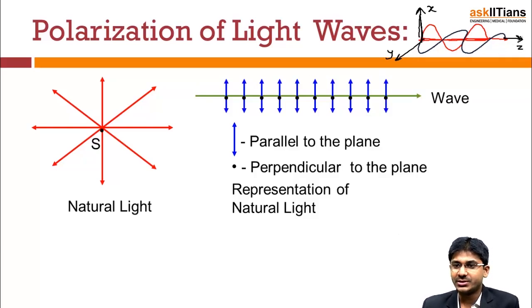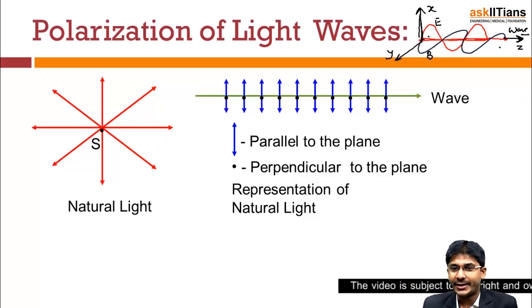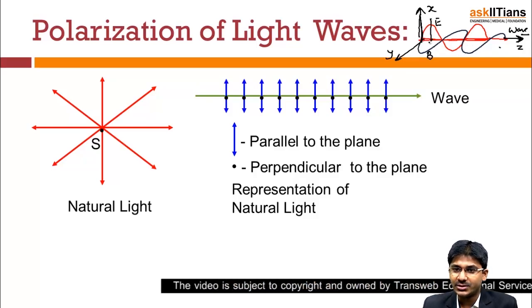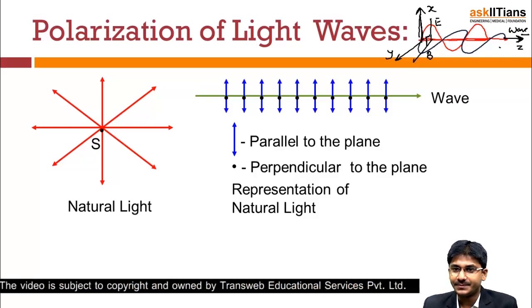So this is the direction of the movement of the wave. The red one is the electric field, and this blue one that I have drawn is the magnetic field. This is magnetic field B, this is electric field E. So actually this is the light wave. It is made up of an electric field and a magnetic field, and the angle between them is 90 degrees.